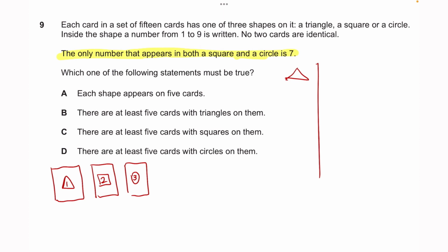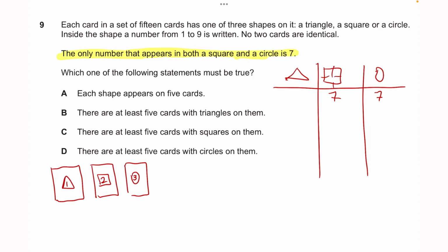We've got triangle, we've got a square, and we've got a circle. Immediately, the only thing we know for sure is that there is a card that has 7 on a square and a card with a 7 on a circle, and that's it. From the other ones, we just need to add numbers from 1 to 9 and play around with it essentially.